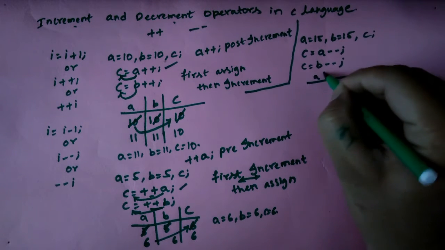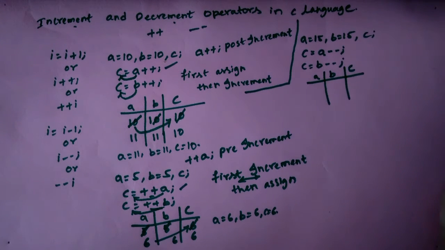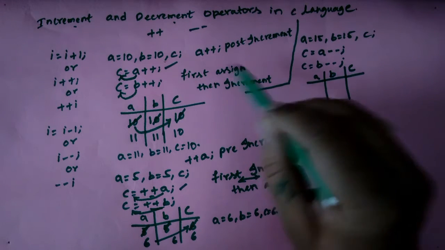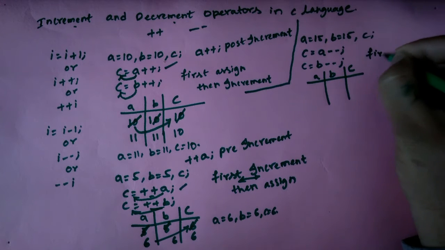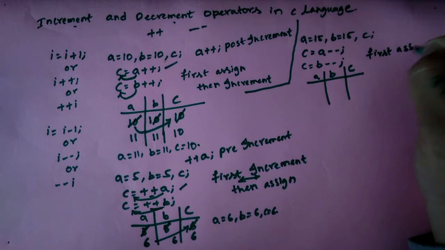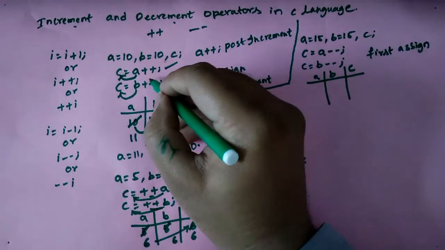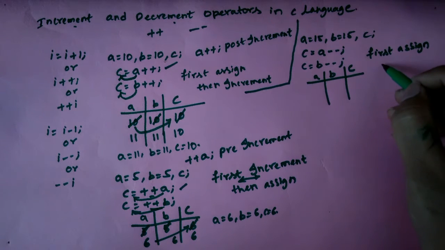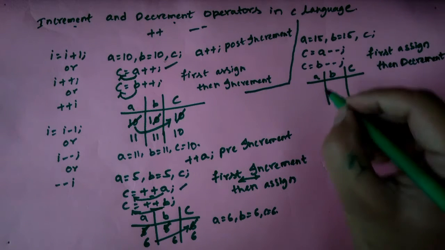The formula is the same: first assign, then increment, because it is plus plus. Here it is minus minus, so then decrement.